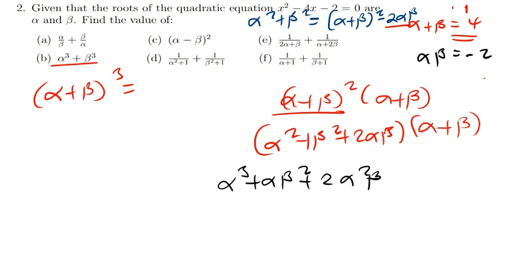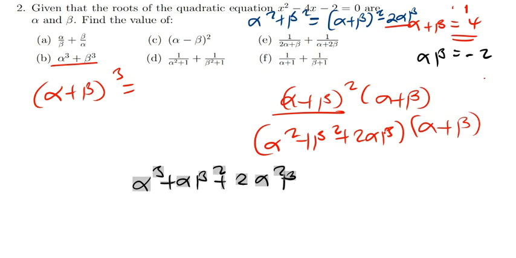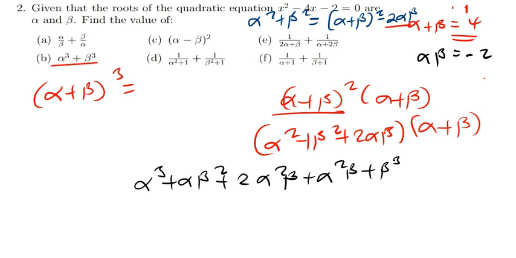Then let me just shift this one a bit this side to create space. Now I'll start with beta. Beta times alpha squared is alpha squared beta. Beta times beta squared is plus beta to the power 3. Beta times 2 alpha beta is 2 alpha beta squared.